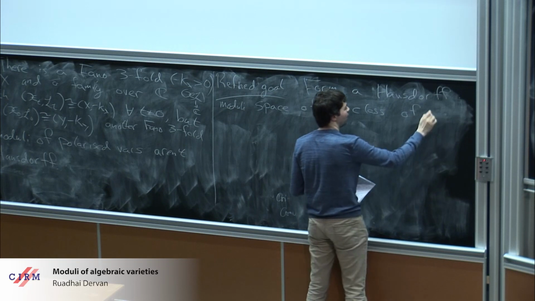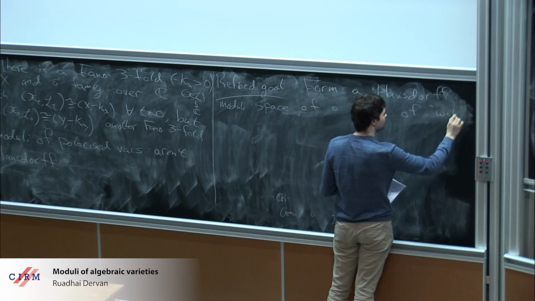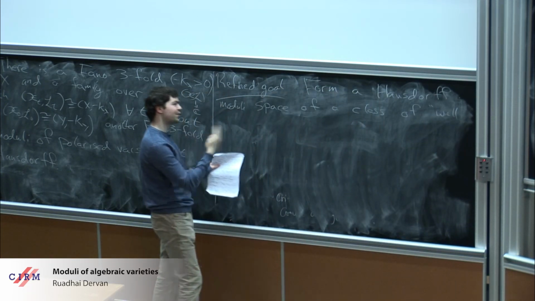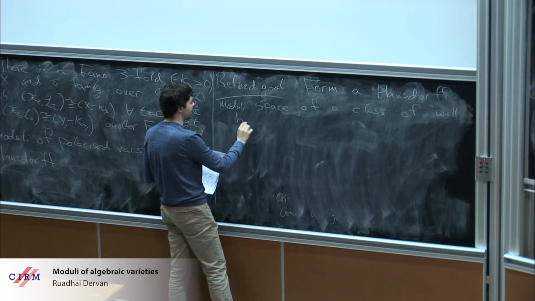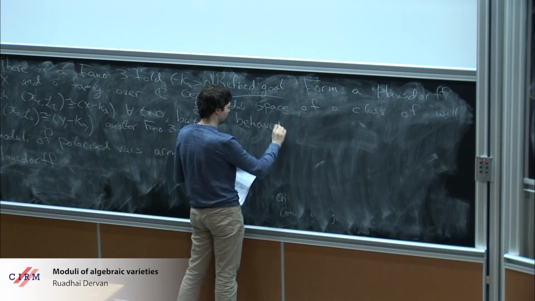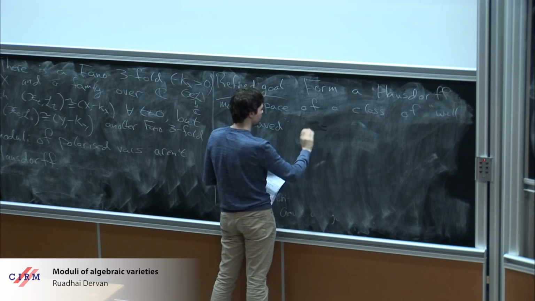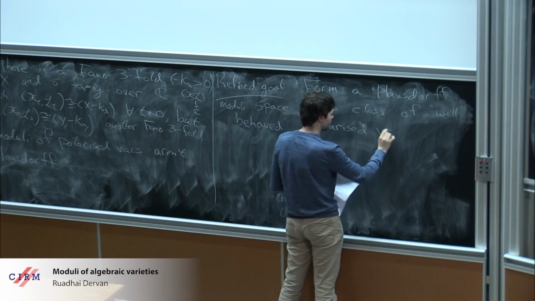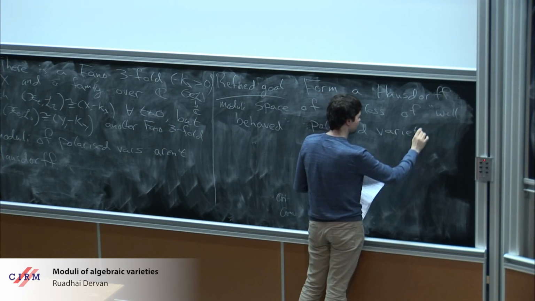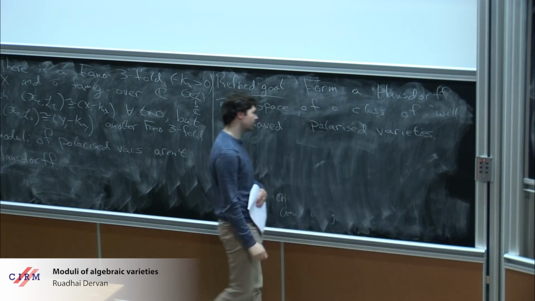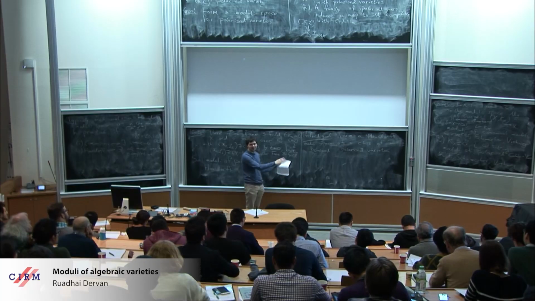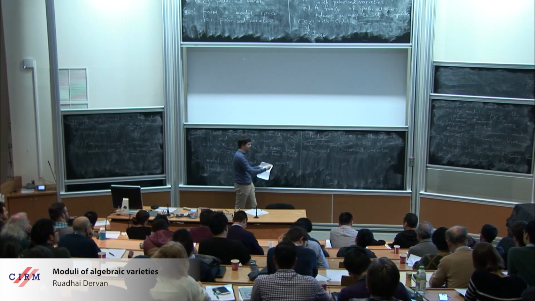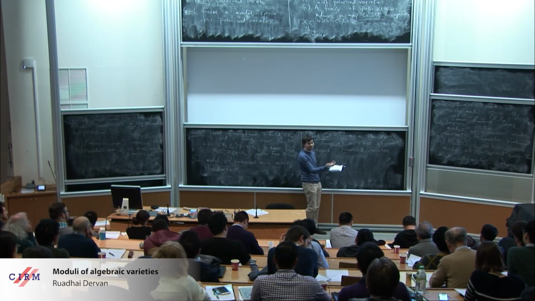You shouldn't take this too seriously, but well-behaved varieties. And somehow the main issue in the problem is to actually give a precise definition of what you mean by well-behaved.